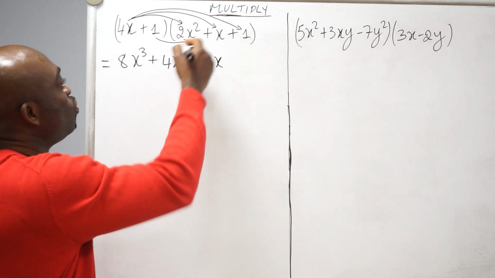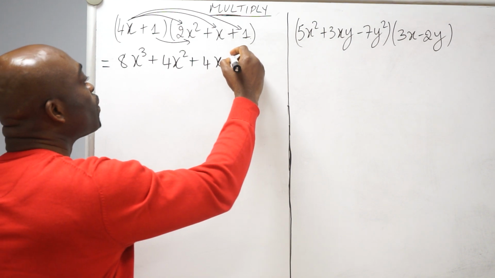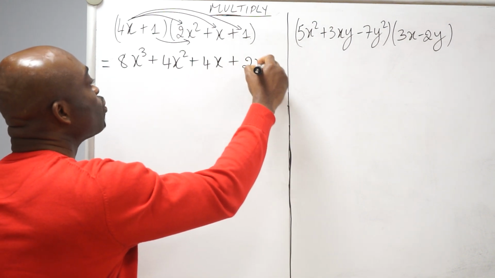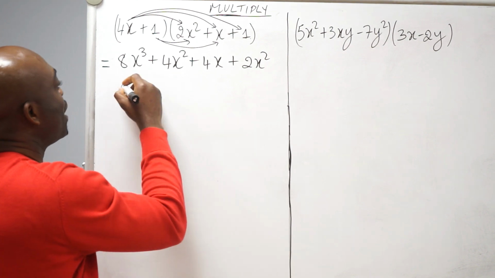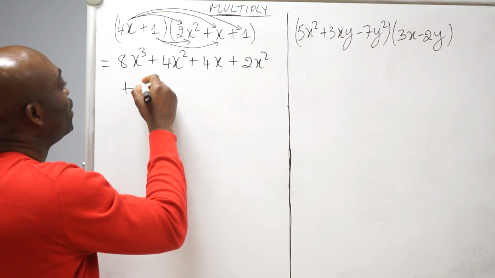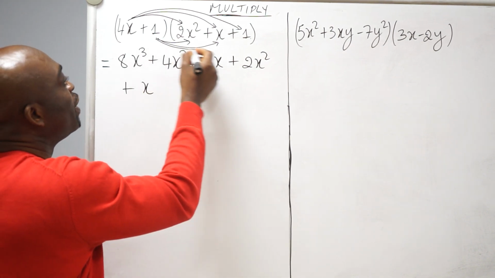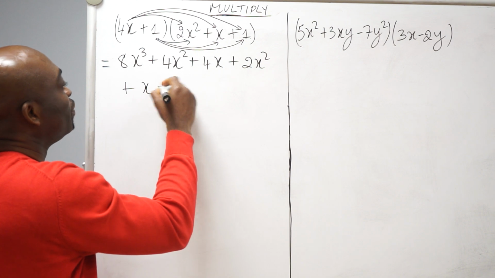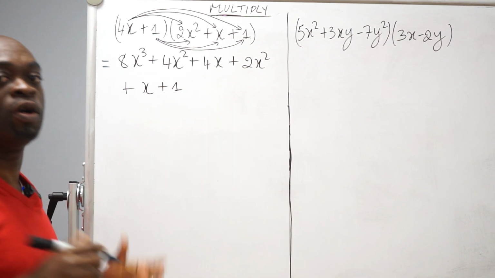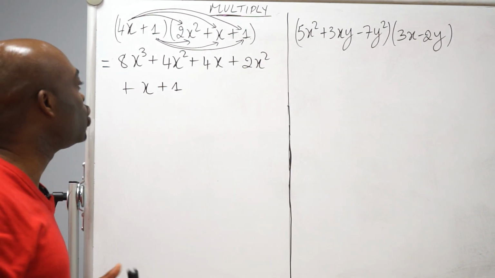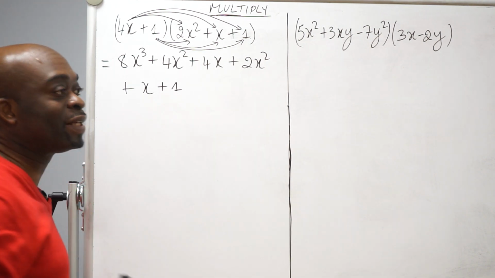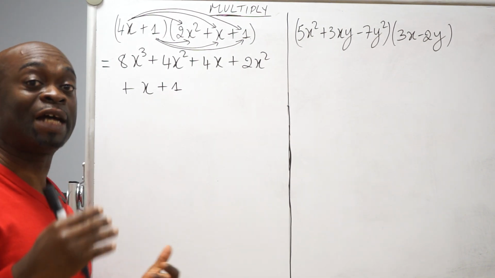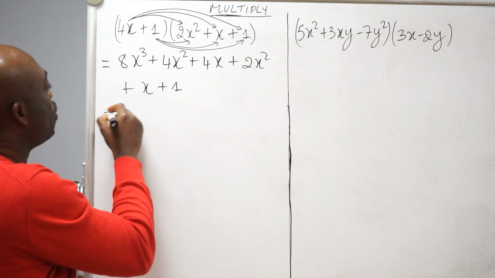So 1 times 2x squared, which is plus 2x squared. And then 1 times x, which is plus x, okay? And then 1 times 1, which is 1. All right? So something that somebody can also do is to take the x and put it underneath this one, and then put it outside, just to conform with the like terms. But it doesn't matter. So let's go now.